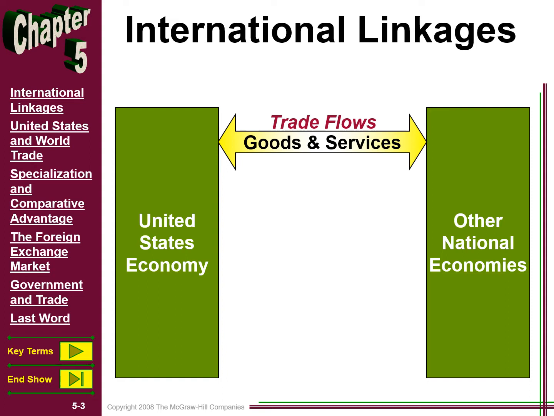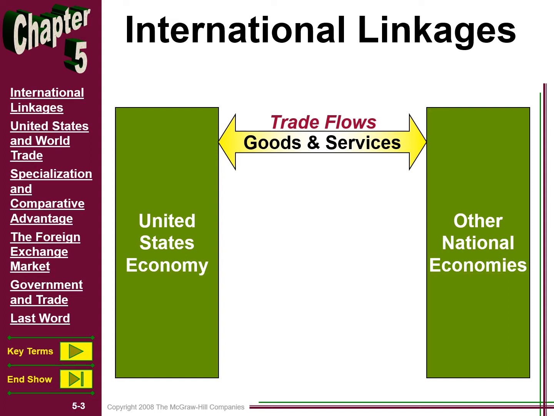All right, the first international linkage are trade flows, imports and exports. So, Ford Motor Company produces an F-150 at a factory in the United States. That truck is loaded on a boat and it ends up in Germany. Obviously, that is an export.